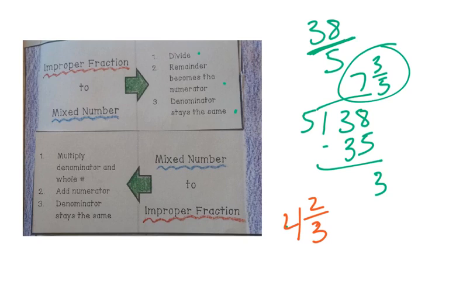So 4 times 3 is 12, plus 2 is 14. I keep my denominator for an answer of 14/3. So our steps there were to multiply your denominator and your whole number, add your numerator, and your denominator stays the same. These are steps you're going to need to know in order to multiply and divide fractions and mixed numbers.